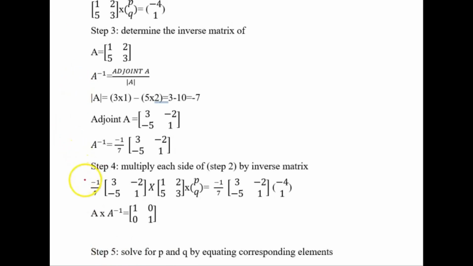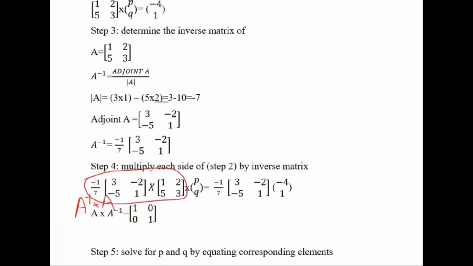So we are done with this one. So this is A inverse times A. So it will give us 1, 0, 0, 1.